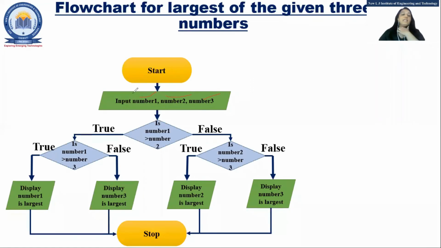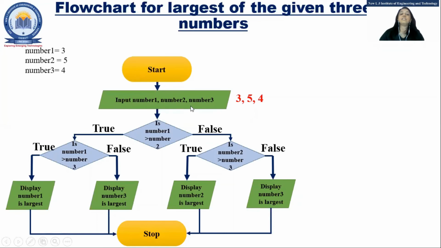So what happened here? Input number 1, number 2 and number 3. After that, I need to check number 1 first. For example, I have taken 3, 4, 5.